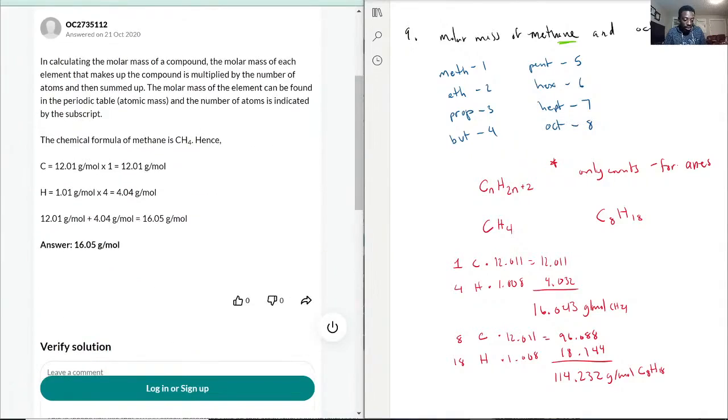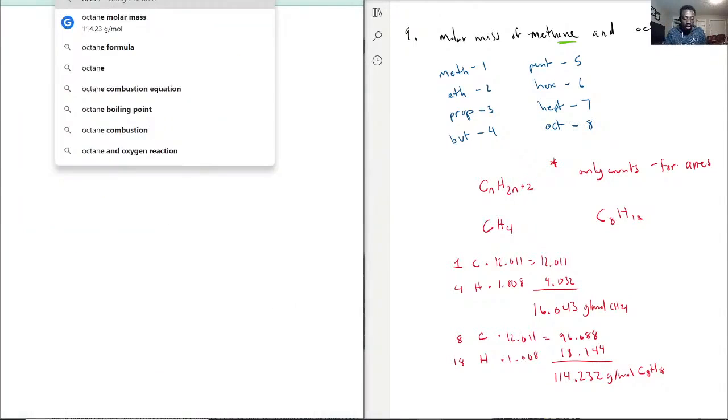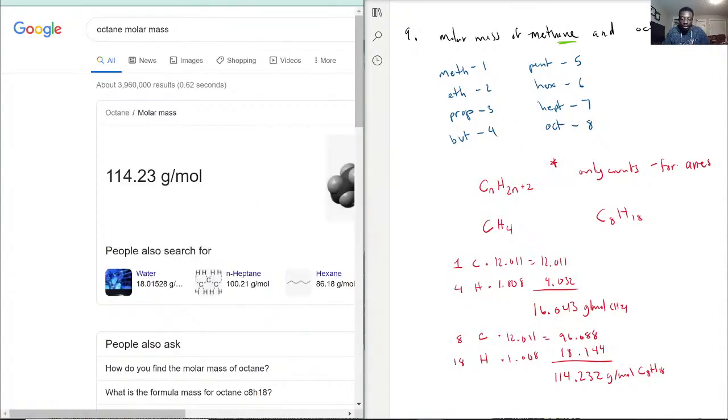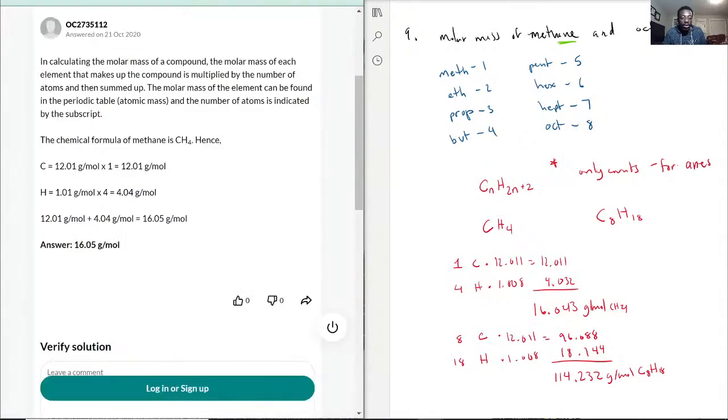Now with this, they got what we got for the CH4. The numbers, as I mentioned, are slightly different because of their periodic table. But now I'm curious to see if the way we're doing it works for even bigger molecules. So I'm going to search up octane molar mass. And it says 114.23, which is also what we got from our periodic table.